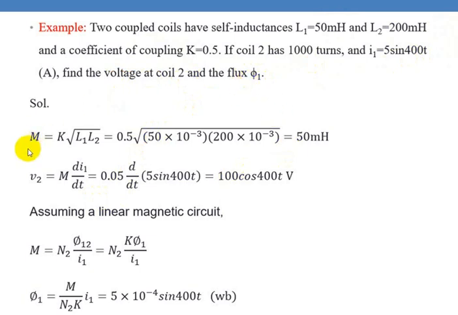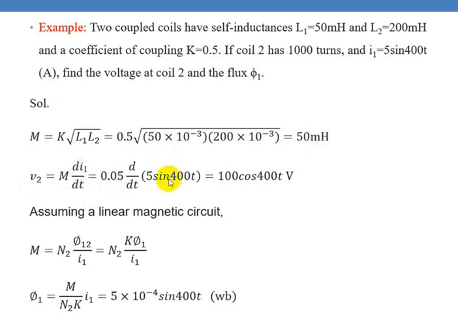So now let us see the solution for this problem. M is equal to K into under root of L1 into L2. In this, K is known, L1 is known, L2 is known, so you can find out the mutual inductance. Once you know the mutual inductance, already we have seen that the voltage induced in the neighboring coil will be equal to mutual inductance times rate of change of current in coil 1, M into di1 by dt.